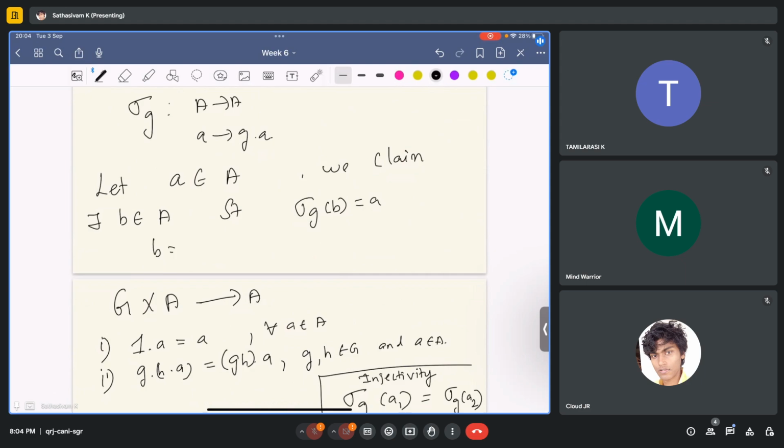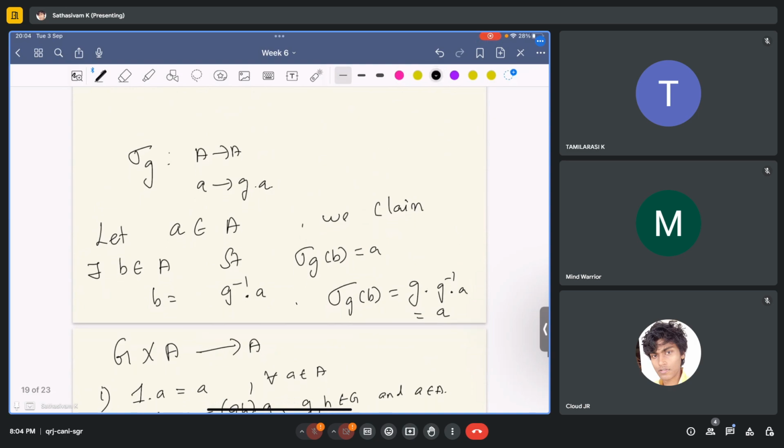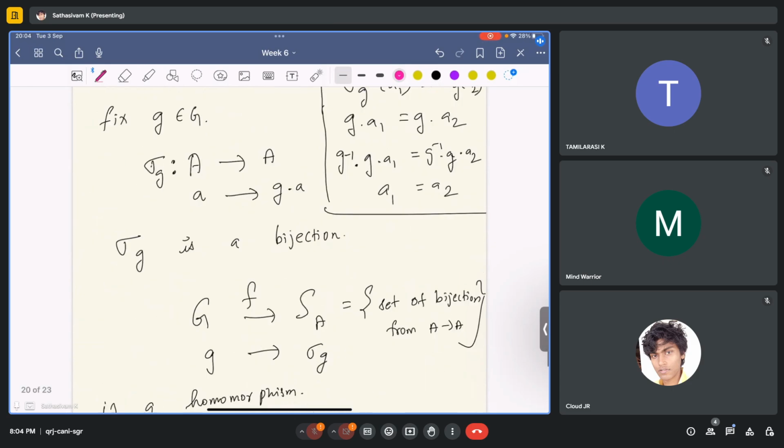You take this B to be G inverse dot A. Then apply sigma G of B. This is nothing but G dot G inverse dot A. Well, this is nothing but A. So that tells you it is a surjection. So we got some B that maps to A. So we proved this also.